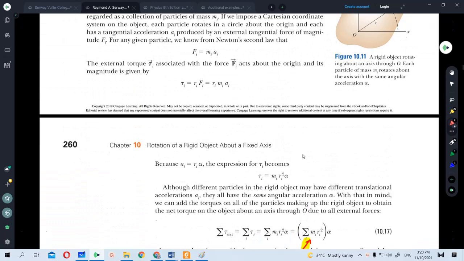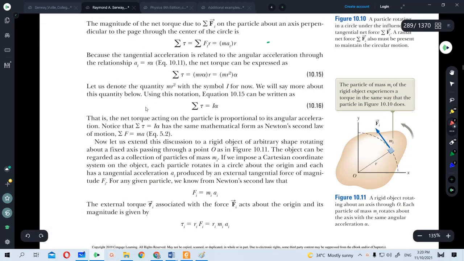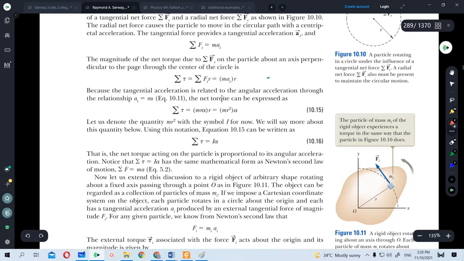Now, this moment of inertia, generically we can calculate by using this expression. This is the general expression of moment of inertia, I equals mr squared.